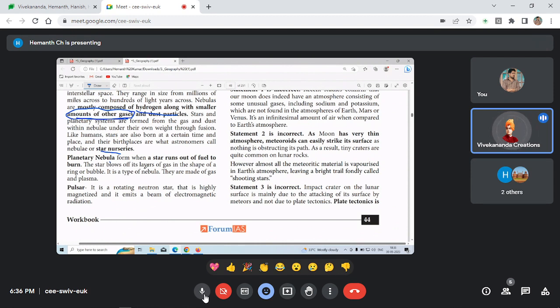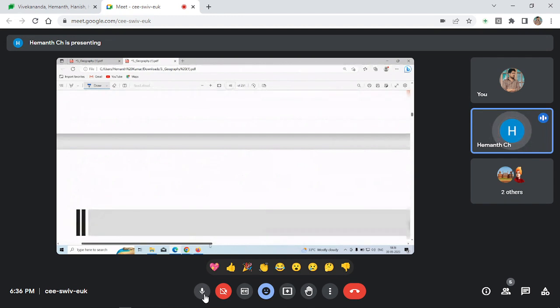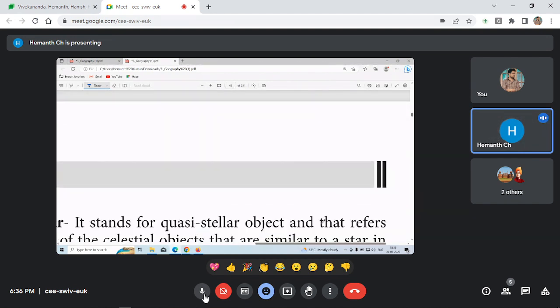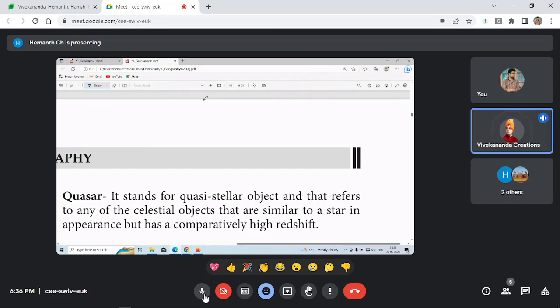It is a rotating neutron star that is highly magnetized and it emits a beam of electromagnetic radiation. Quasar stands for quasi-stellar object and refers to any of the celestial objects that are similar to a star in appearance but have a comparatively high redshift.